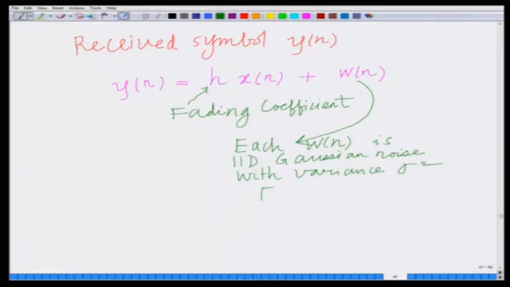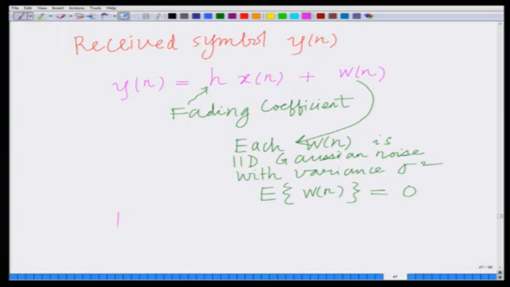Therefore, expected value of Wn is 0. Further, the noise is independent, which also means uncorrelated.